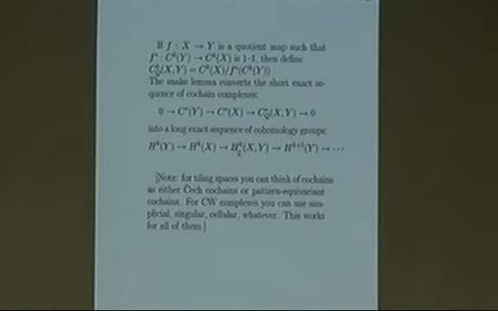If you have a situation where every chain on y can be obtained from a chain on x, then the pullback will tell you that every non-trivial cochain on y will pull back to a non-trivial cochain on x.